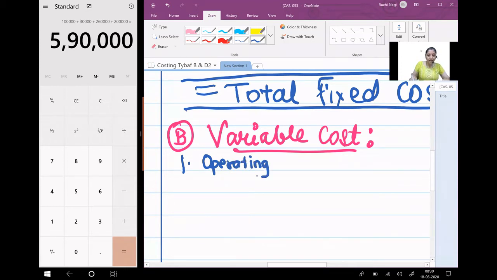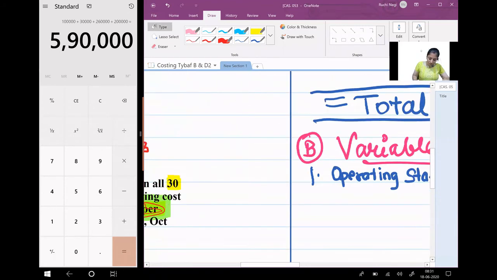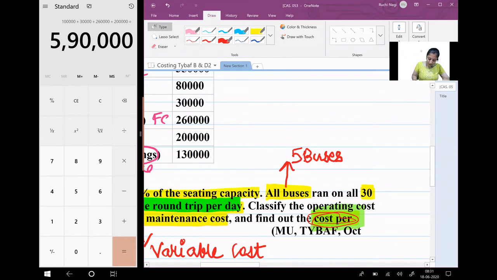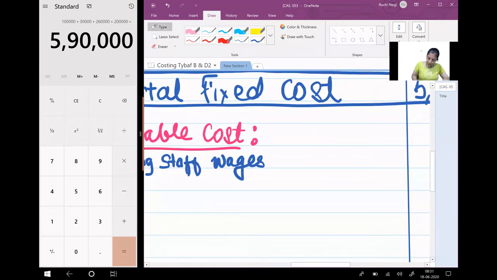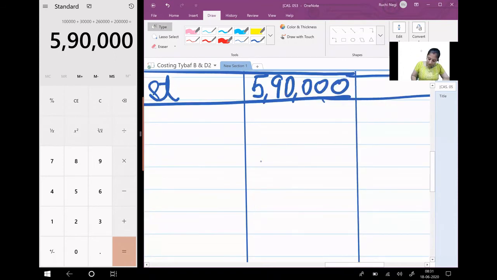So instead of writing all the story, just write in short. Operating staff wages. Okay. So what is the wages amount? It is 2 lakh 40. Okay. So write it here. 2 lakh 40.